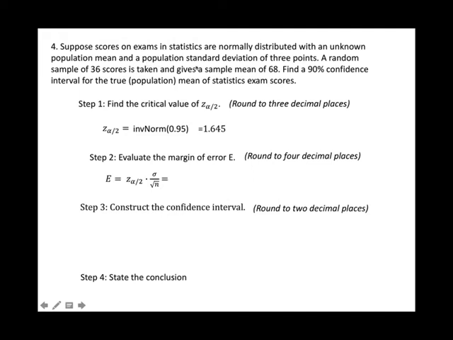Again, highlight the population standard deviation. Okay, when we have a population standard deviation, we'll be using the Z. Okay, Z. So you could get 0.8225 here. And then construct the confidence interval.